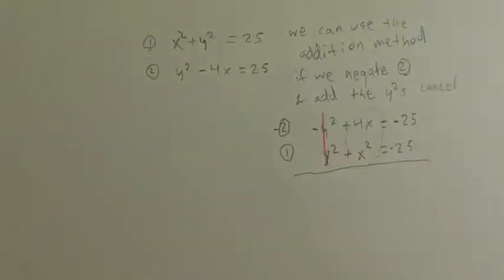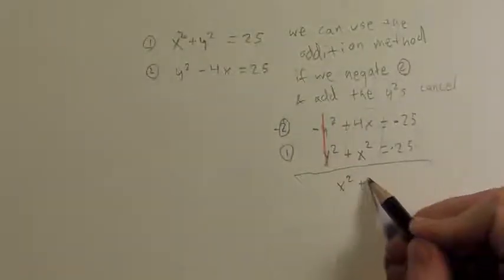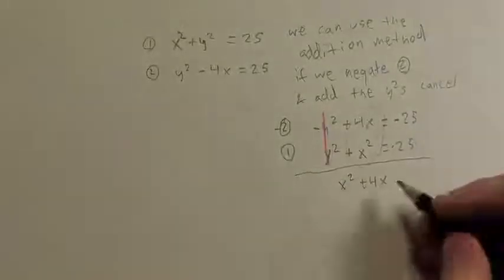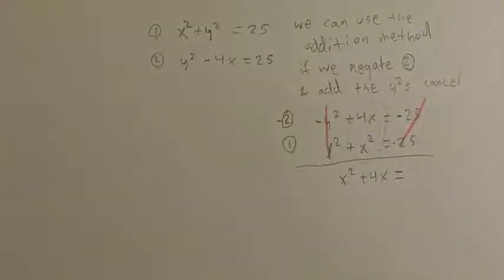So that's the thing to keep in mind. It's 4x plus x squared, that's just going to stay x squared plus 4x. There's not really anything we can do about that, but also the 25s cancel, and we get 0.